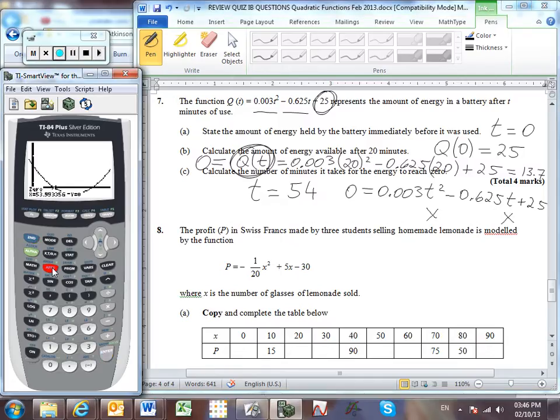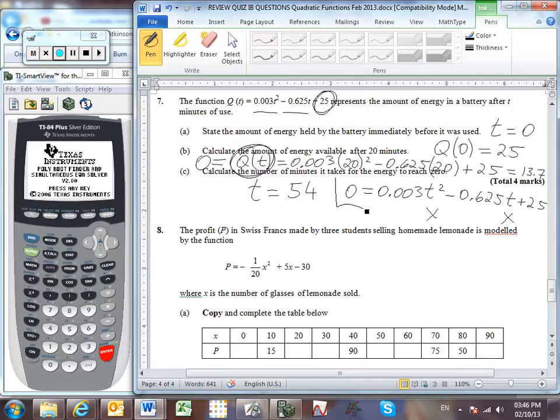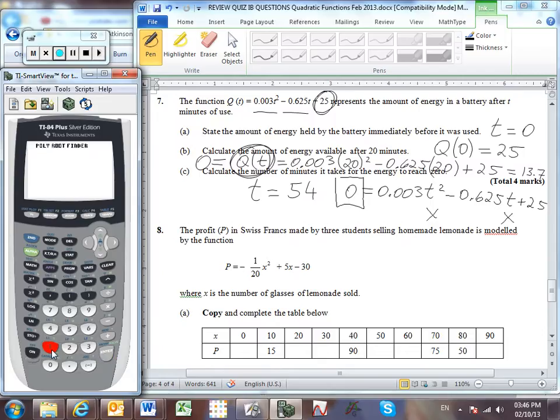So we'll go Apps, PolySimlt, and I'll go with my poly root finder. Poly root finder only works when you've got a 0 on one side, as we do right now. So option 1 for our poly root finder, we're a second degree equation, and I'm changing my coefficients to be 0.003 and negative 0.625 and 25.